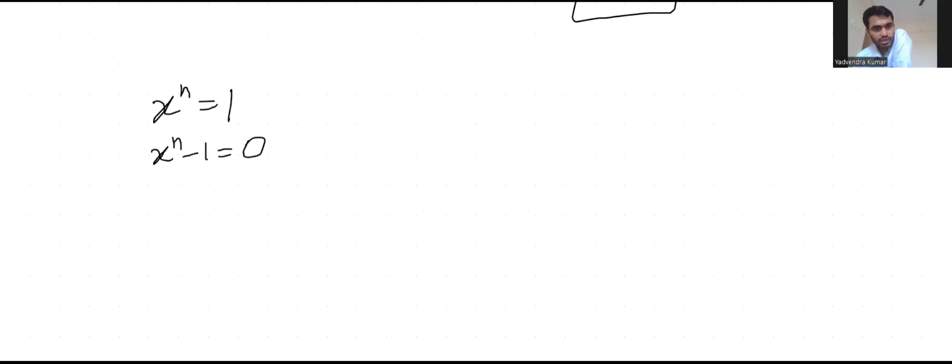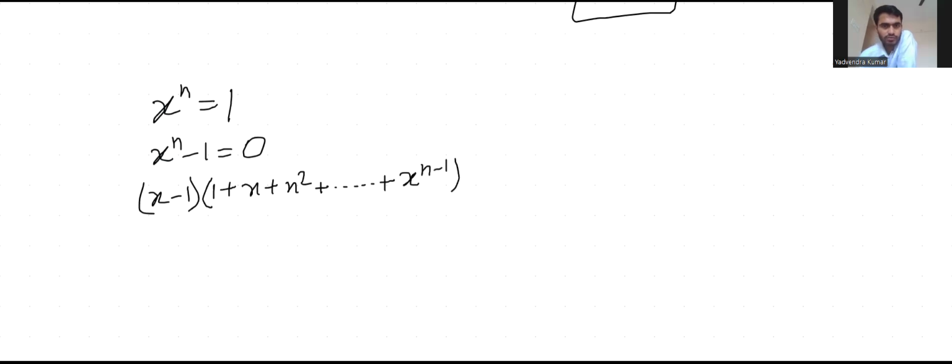Now this can be written as (x minus 1) times (1 plus x plus x square plus dot dot plus x to the power n minus 1) is equal to 0, right?